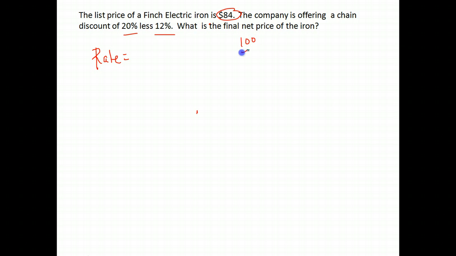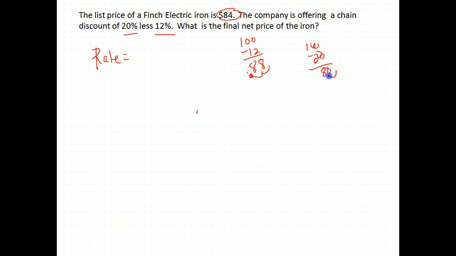So if you get 12% off, what percent are you paying? You take it from 100, and you're paying 88%. The other discount was 20%. So if you are getting 20% off, what percent are you paying? Well, 80%. So to find our rate, we change both of those to decimals. Okay, so move the decimal over 2 places.